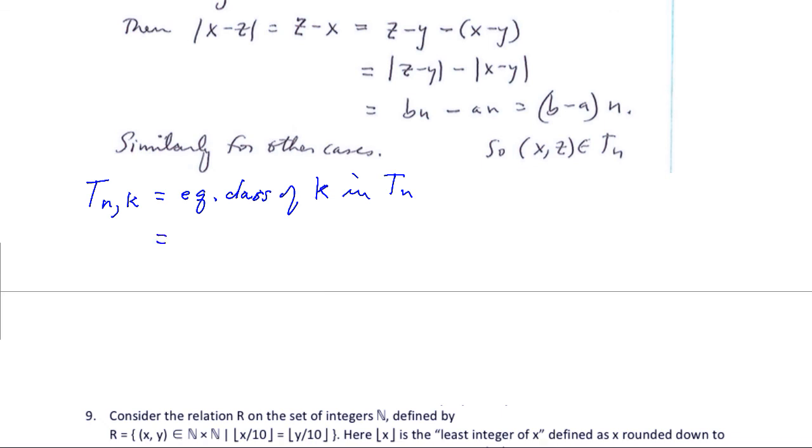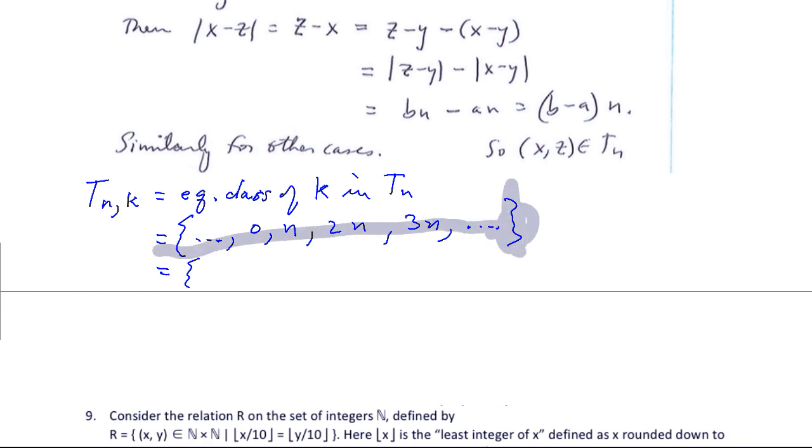And this is equal to dot dot dot, 0, n, 2n, 3n, dot dot dot. I guess in general 0 is not in the set, so that's not correct. Got to think about these things before I write them down. Hold on here. So I'm going to erase this properly.